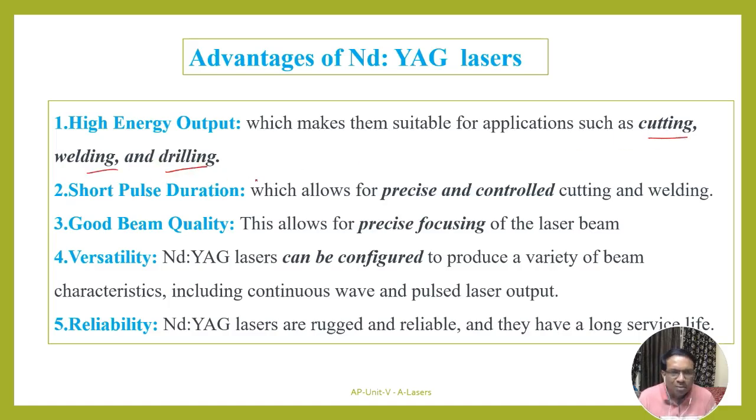The helium neon laser is a low power laser, and this is a high power laser. We can tune it as a pulsed laser or continuous wave laser, it has good beam quality, and reliability and long lifetime.